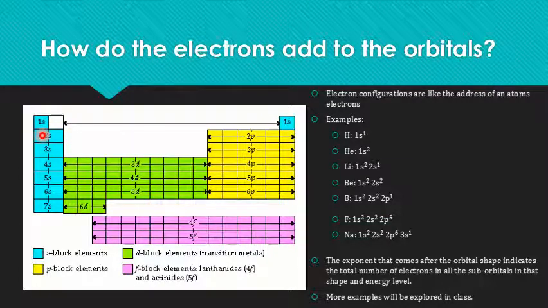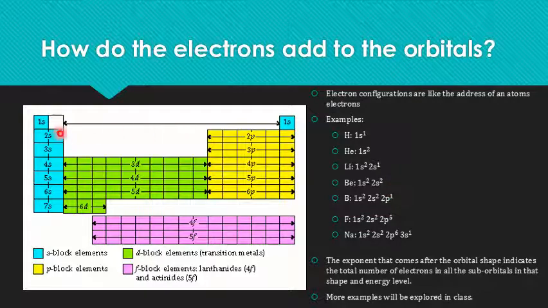Well, lithium has 3 electrons, so it has to fill up the 1s orbital with 2 electrons, and then it can add an electron in the 2s orbital, and it gets 1 of them. Then beryllium would be next, and it would pair up that 2s orbital. So we had 1s2, 2s2. So these exponents at the top, if you add the numbers together for all the exponents, you will add up to the number of electrons for that element.